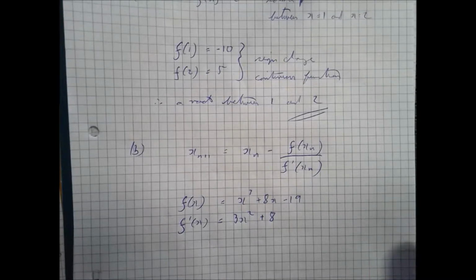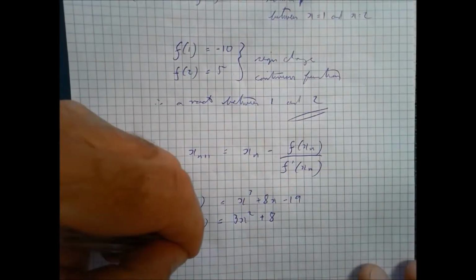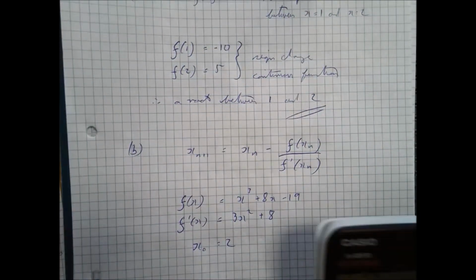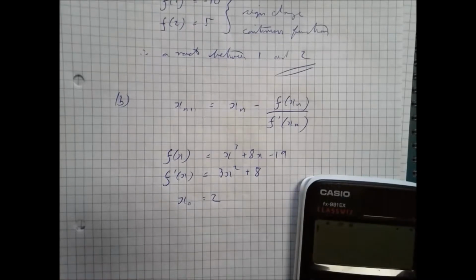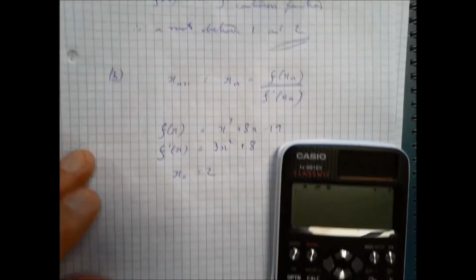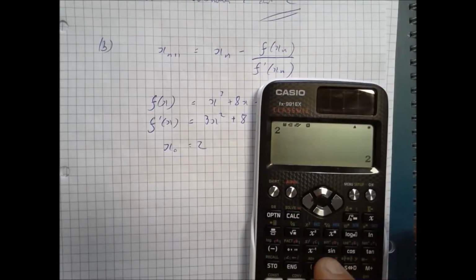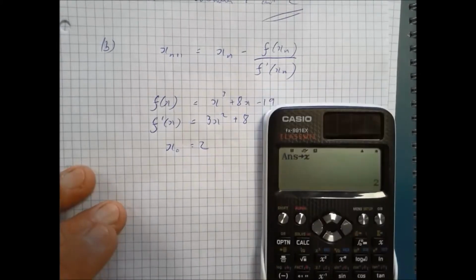Now again, this lends itself to a calculator. What's it asking? It's saying that x0 equals 2, so I can put all this lot into a calculator. Let's start off by defining x. Store as x, so x equals 2.